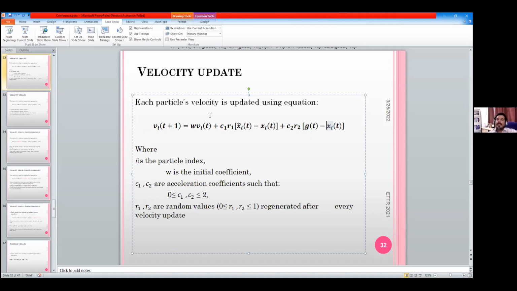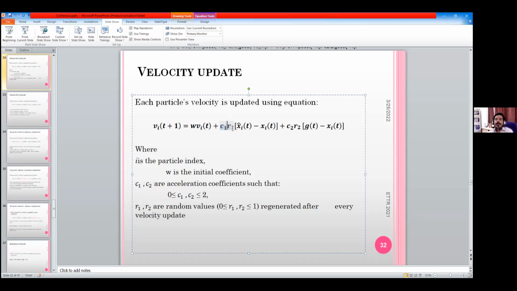So everything, we know. W is called the inertia coefficient, and generally it is taken between 0.8 and 1.2. C1 is an acceleration coefficient taken between 0 and 2, generally 1.2 to 1.8.